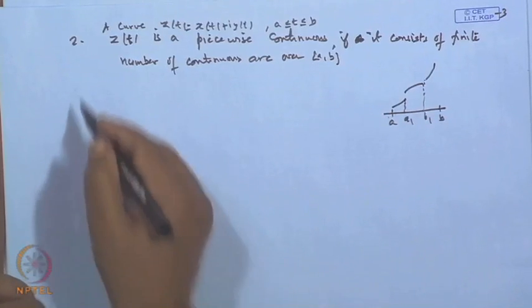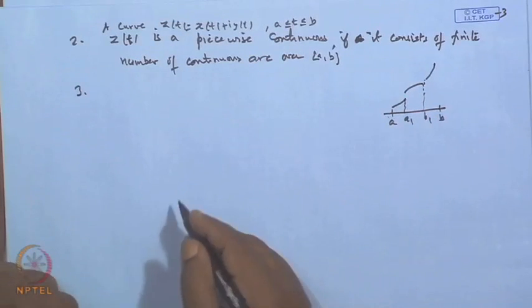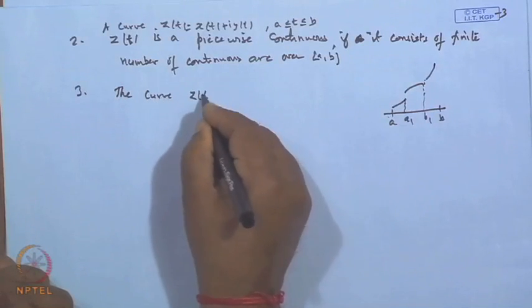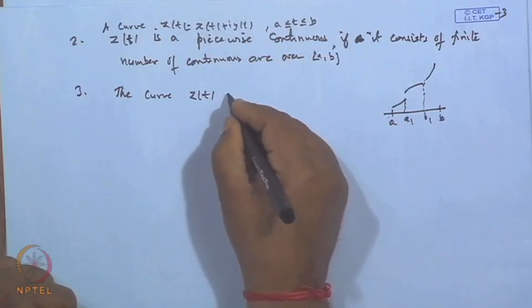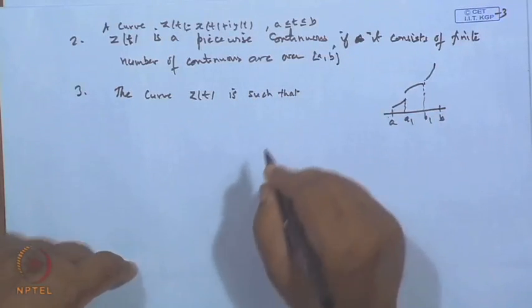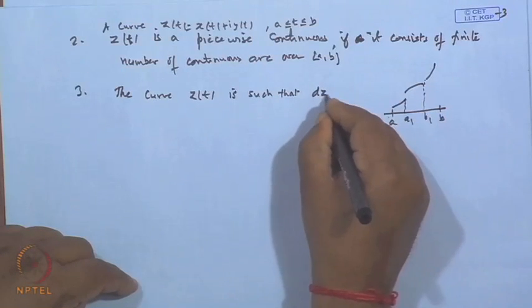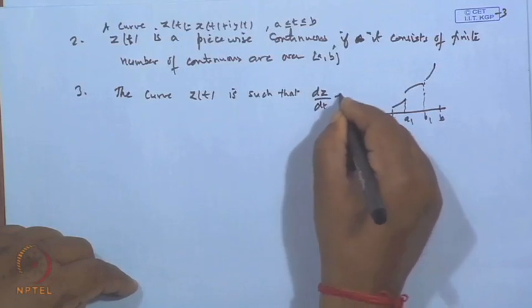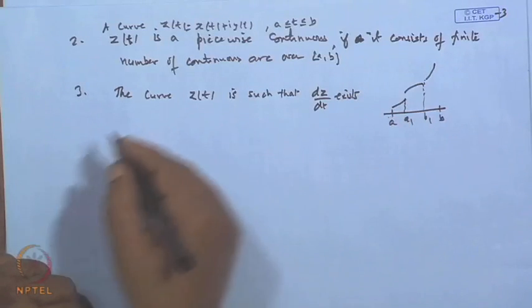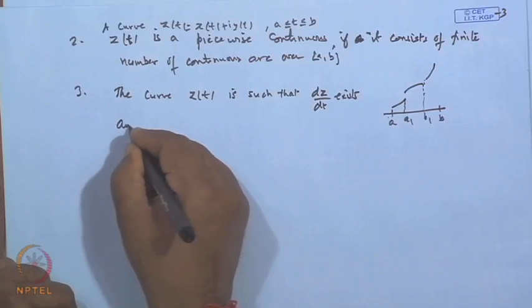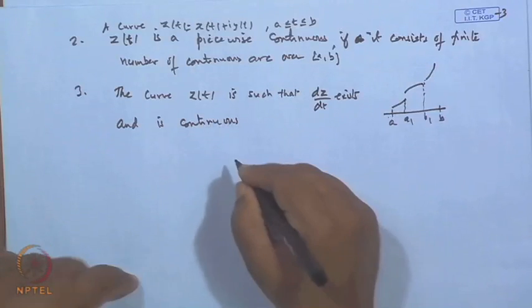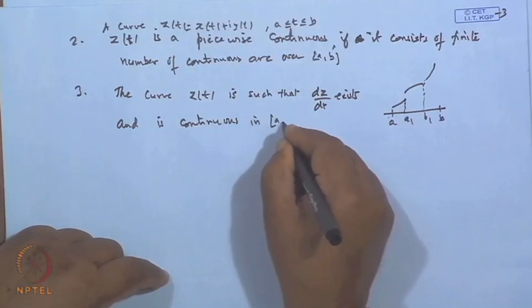Okay. Then the third definition regarding the curve: the curve z(t) is such that the derivative dz over dt exists for each t and is continuous in the interval a b.